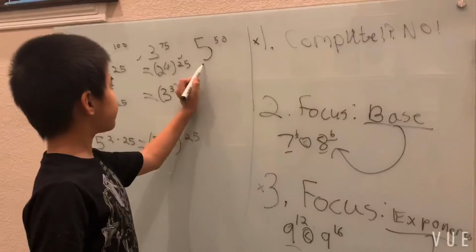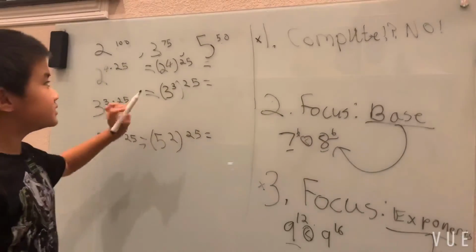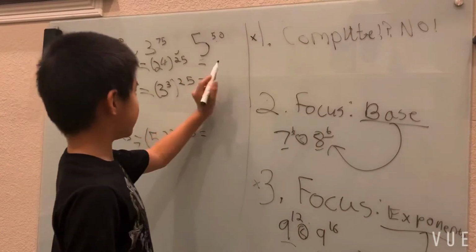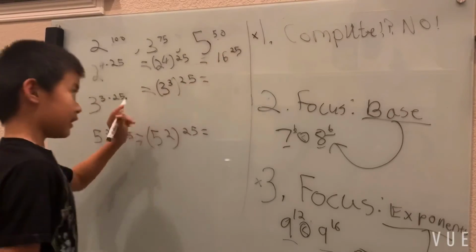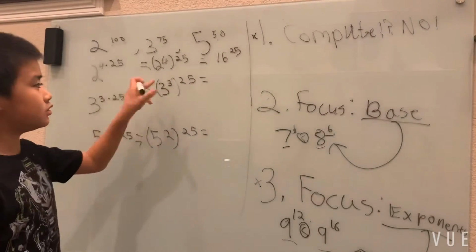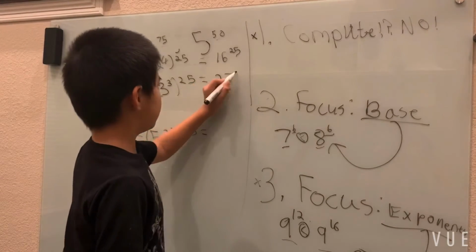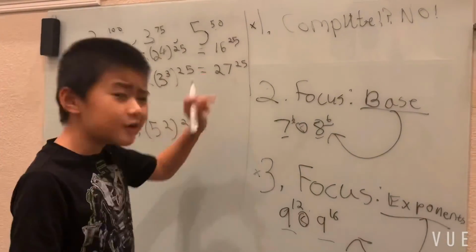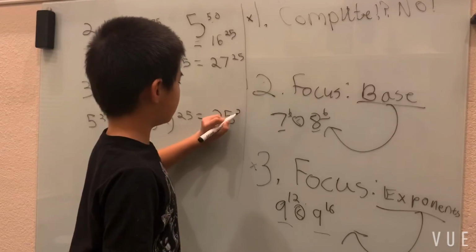So now, finally, you can compute each one of these. Here, 2 raised to the 4th power is 16, raised to the 25th power. Now we have 3 cubed. 3 cubed is 27, and then we raise that to the 25th power. 5 squared is not quite 27, it's only 25.